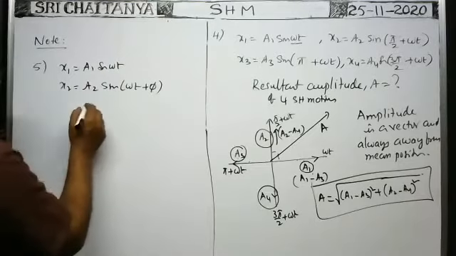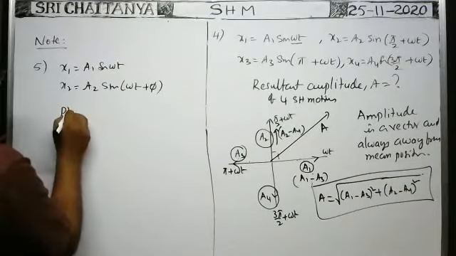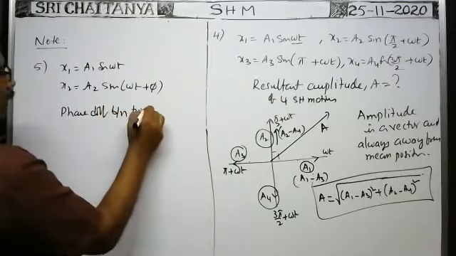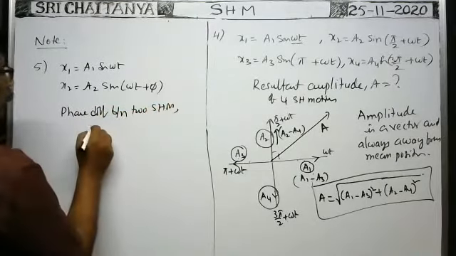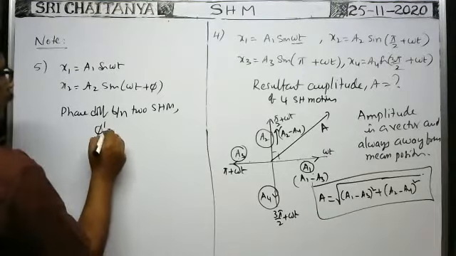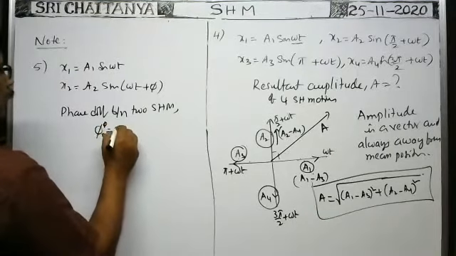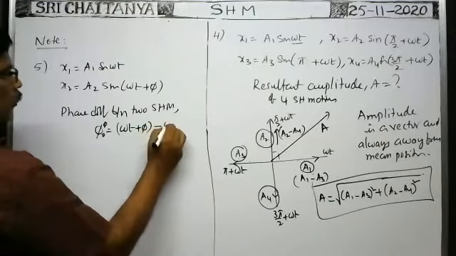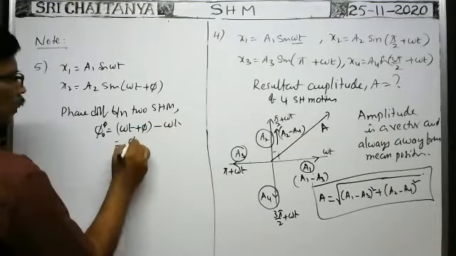The phase difference between the two SHMs, delta phi, is equal to omega t plus phi, the more phase angle, minus omega t, that is equal to phi only.